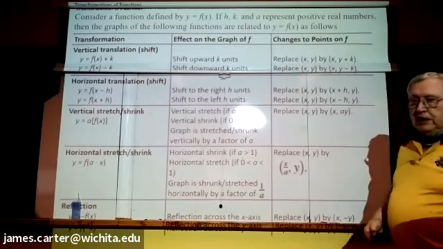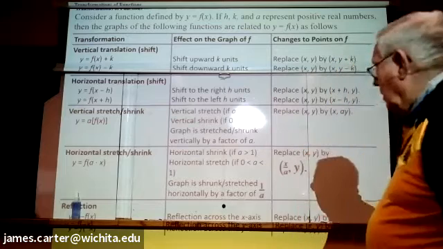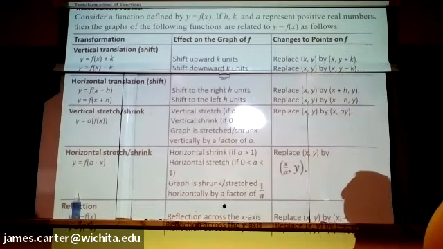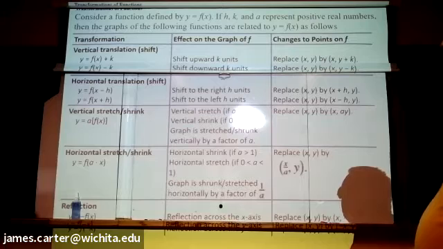Now, this particular chart is probably something that would be well and good for you to make a picture of. However, this particular chart is in your text.